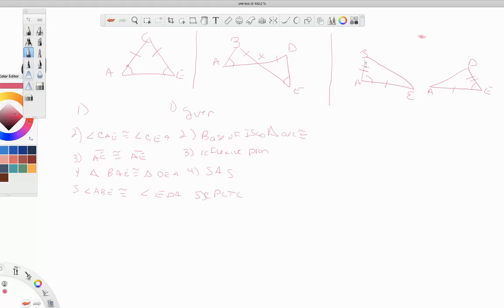So I'm saying that this angle here is congruent to this angle here because of CPCTC, which is also this angle here, correct? So now I've got angle, angle, side. So now I can say that this is congruent to this. I don't have to because I've already established that A and E are congruent.